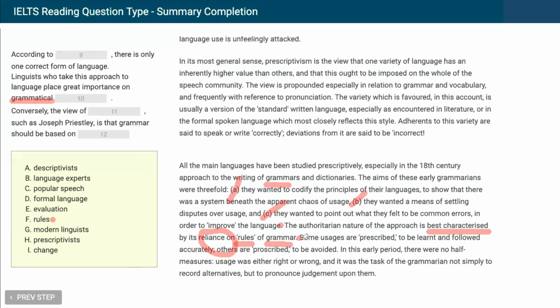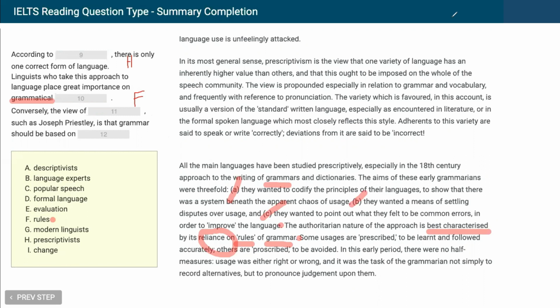So we're definitely in the right paragraph and it makes sense. Great importance on grammatical rules. There's a reliance. That's a nice synonym, another way to say great importance on. So I would go ahead and put F as 10. Excellent. So we have H for 9, F for 10.